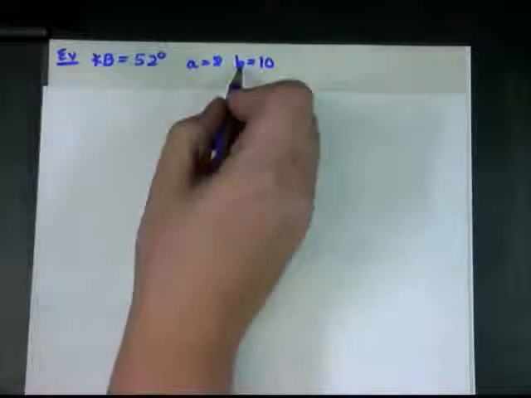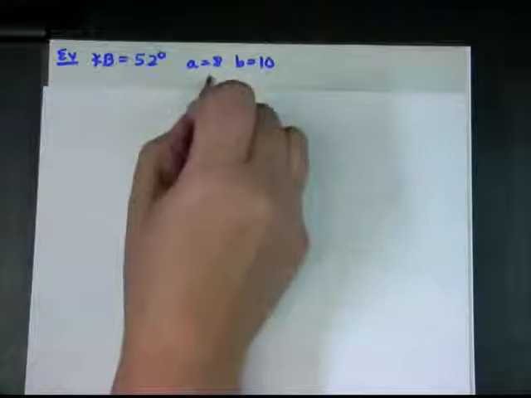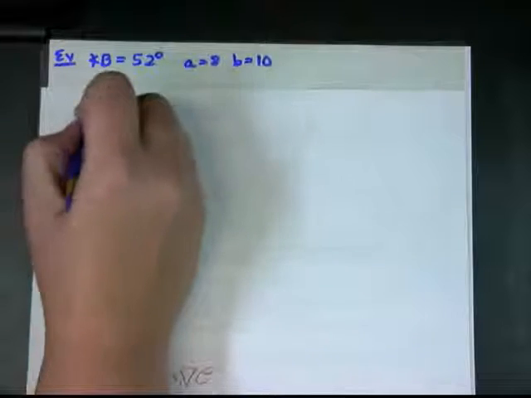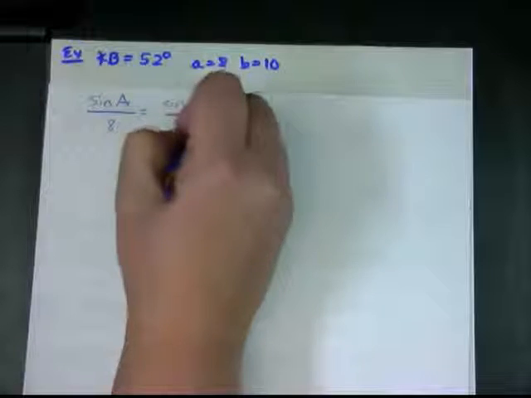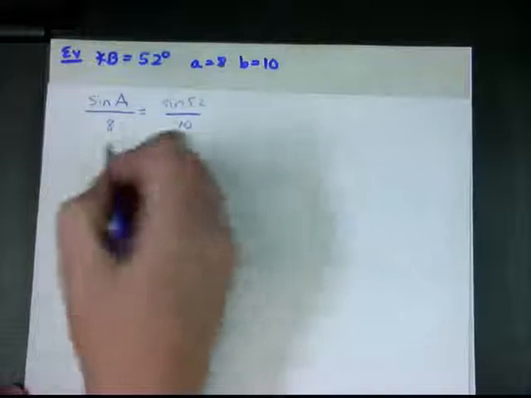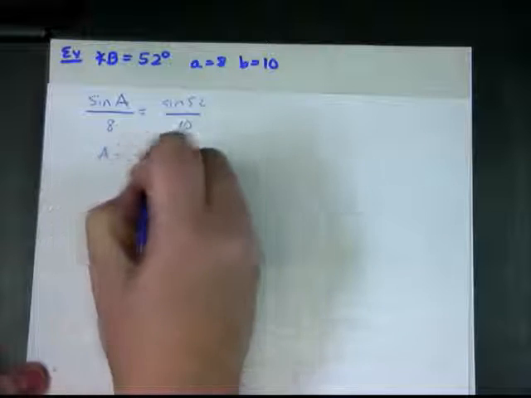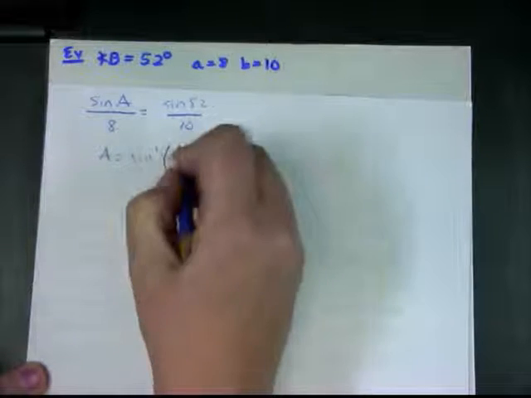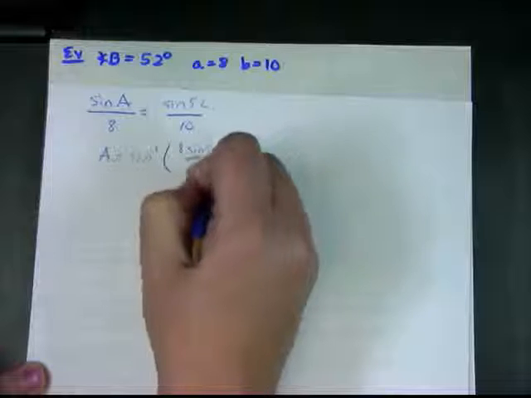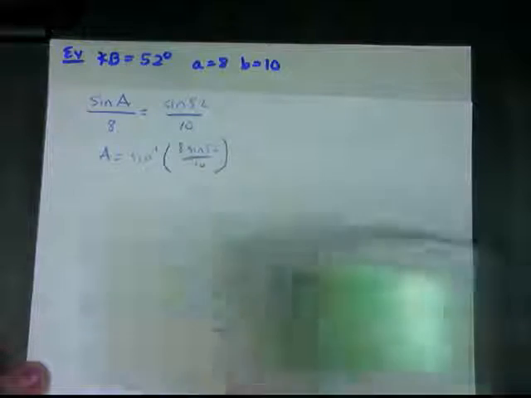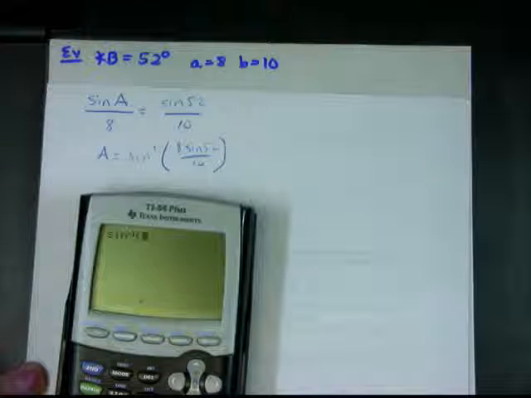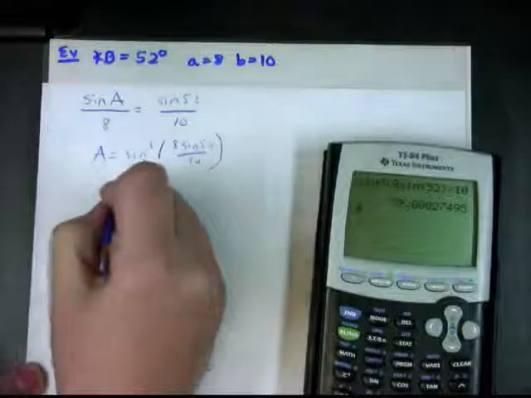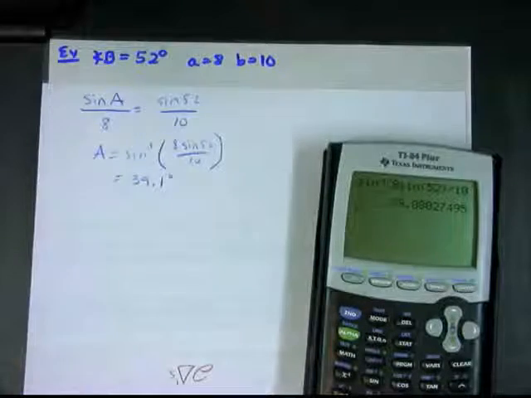I know angle B and side B, so I want to find angle A. So sine of angle A over 8 is sine of 52 over 10. A is the inverse sine of 8 sine 52 over 10. Typing that into the calculator, we get that angle A is 39.1 degrees.